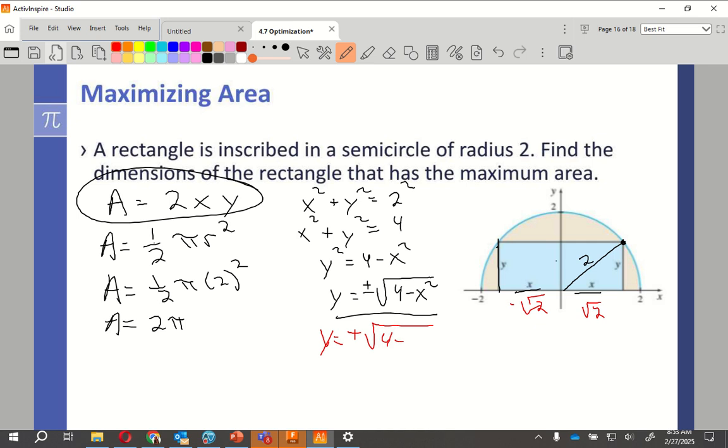4 minus square root of 2 squared. That's going to cancel out, so 4 minus 2 is going to be 2, so I get square root of 2 is my y. So that means that this is square root of 2, this is square root of 2.